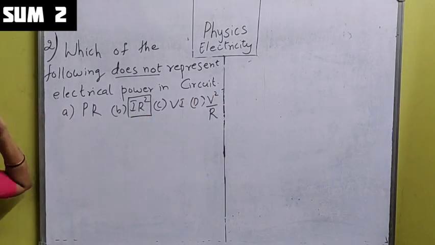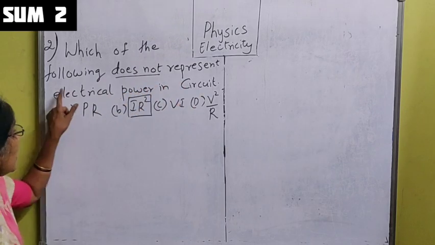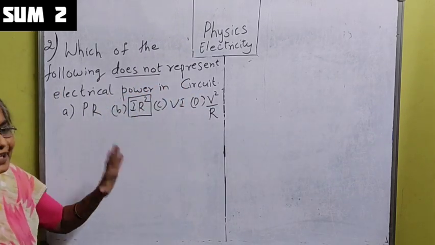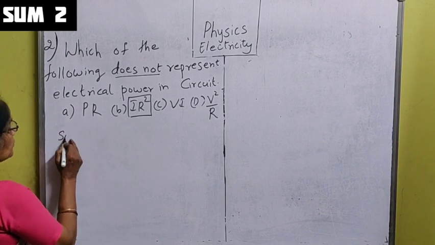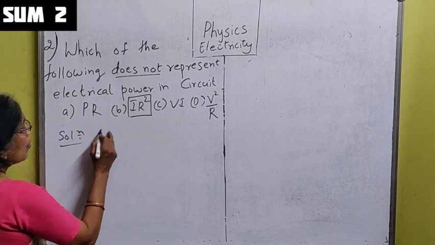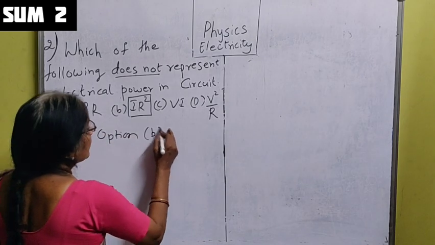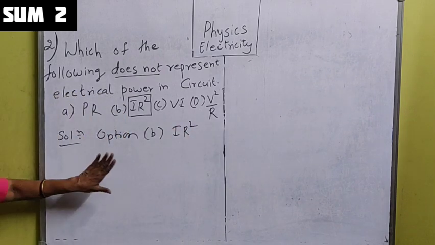So once again I will explain this. Which of the following does not represent electrical power in circuit? Means by taking that you won't get the electrical power. So here the solution, you can write it down, option B, that is IR square, is the answer for this solution.